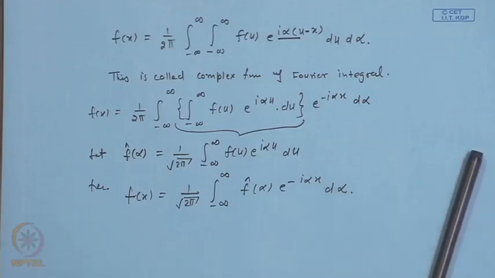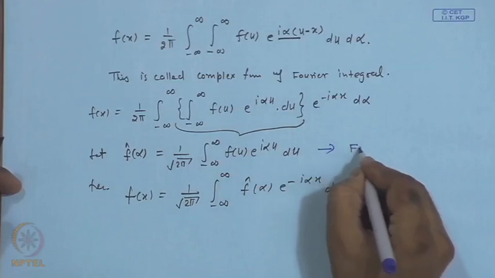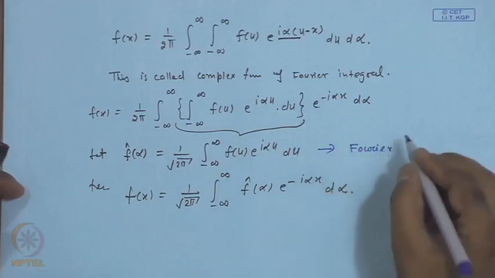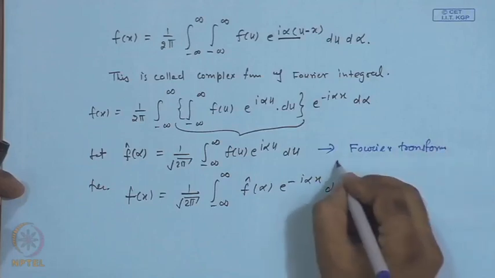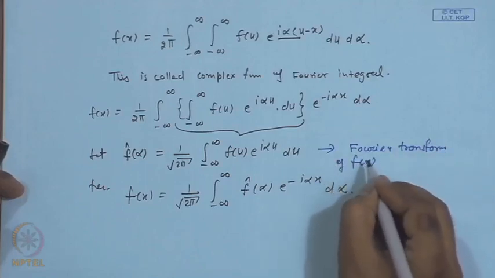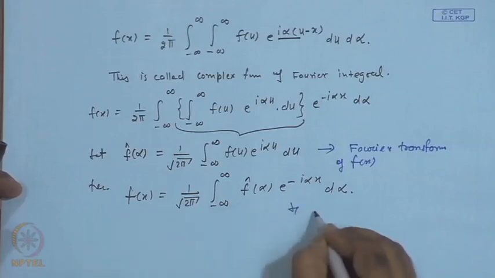The first one here is called the Fourier transform of f(x), and this here is called the inverse Fourier transform.